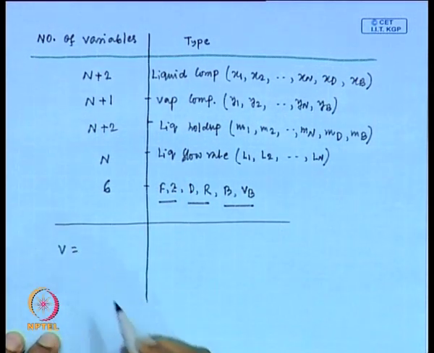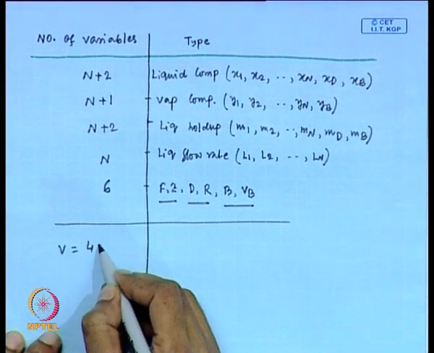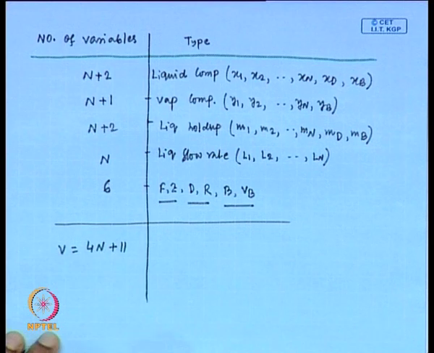So, V equals how much? 4n plus 11. We got E equal to 4n plus 5 and we have just calculated V equal to 4n plus 11.